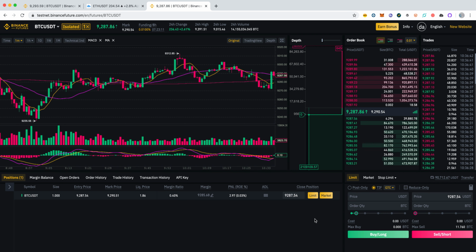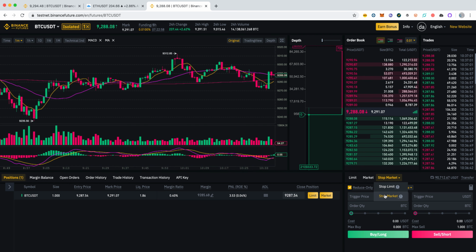Okay, so I want to set a stop loss. You can do it here. You can change the stop limit to stop market. I suggest stop market because when the stop loss is triggered, you want your position to be closed, so you must use stop market.